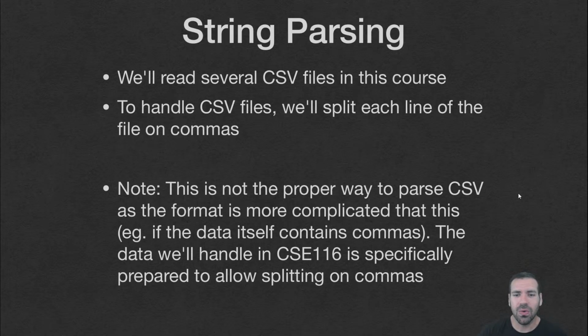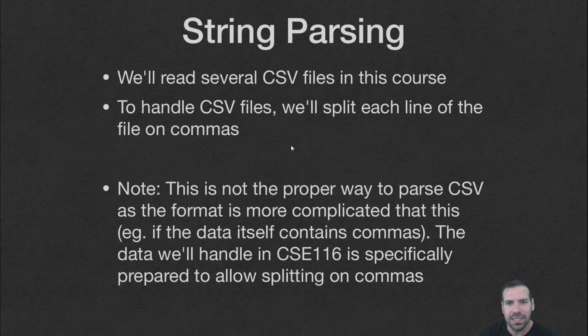All right. So in this course, the files that we're going to be reading are CSV files, comma separated values. I'm pretty sure you still do this in 115 every semester, so I don't have to go over exactly what CSV is, but I guess I can in one second. It's CSV, comma separated values. Each line of the file is values separated by commas. That's it.